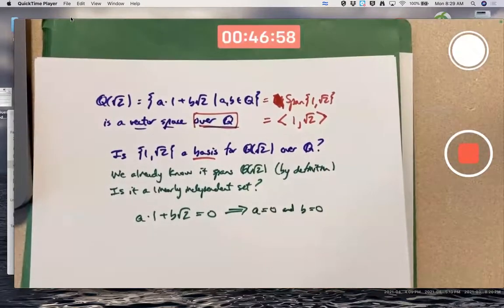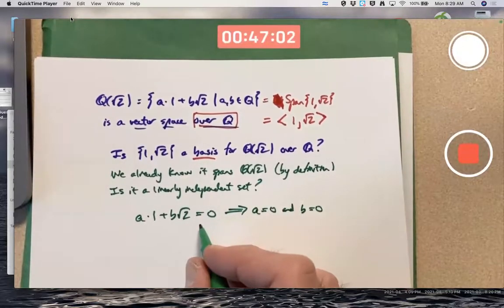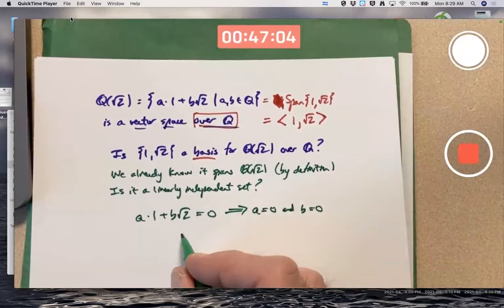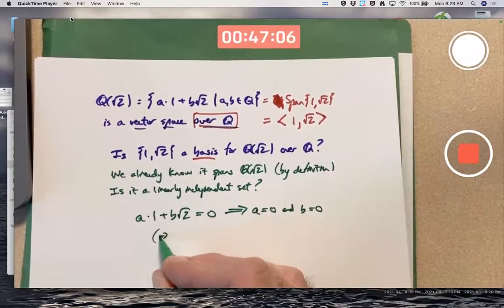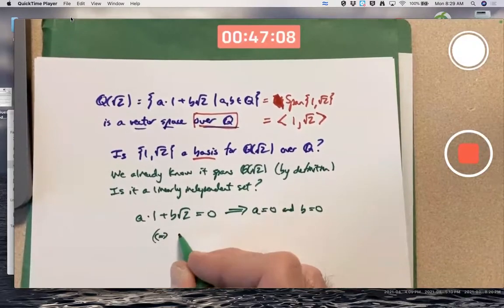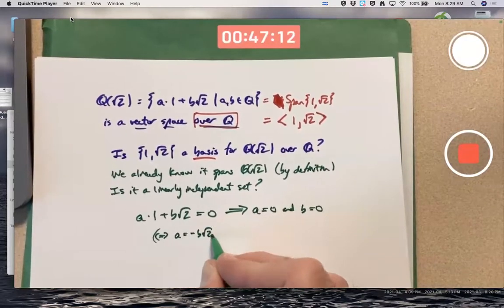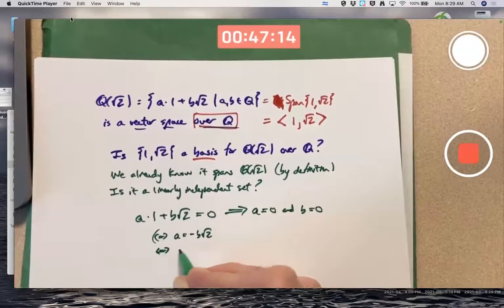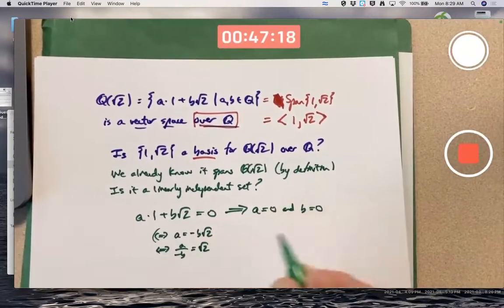A and b are rational numbers. If you set this equal to 0, that would be equivalent to saying a equals negative b √2, which would be equivalent to saying a over negative b equals √2, assuming b is non-zero.